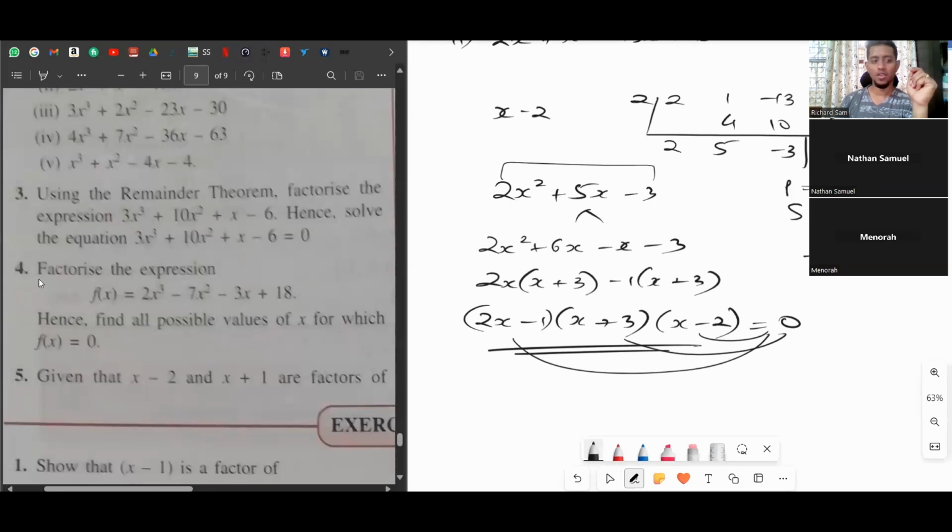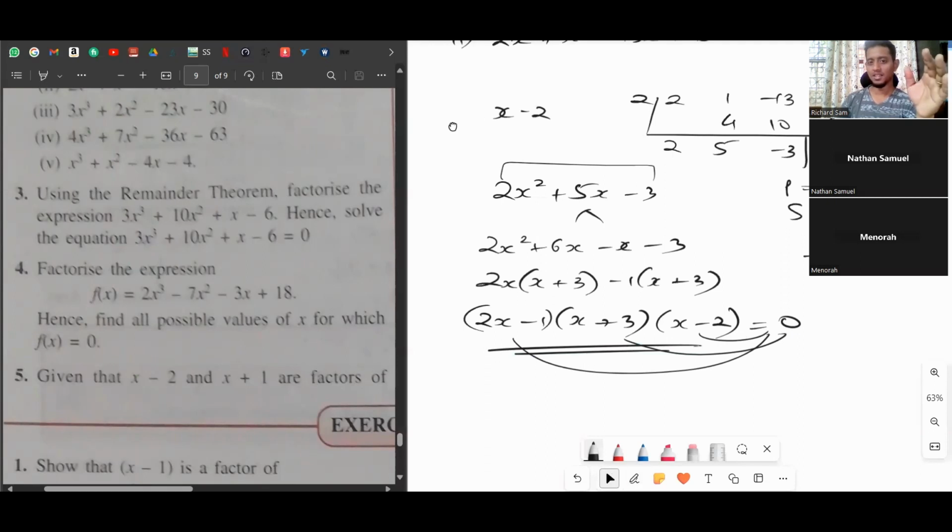Next, factorize the expression. Hence, find all possible values of x for which f of x is equal to 0. Same thing. You're finding all the possible values of x. So once you get this, put equal to 0 and you'll get 3 values for x. For all those values of x, you will get equal to 0.